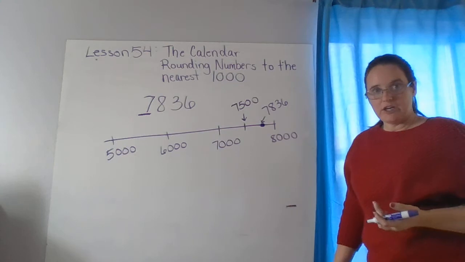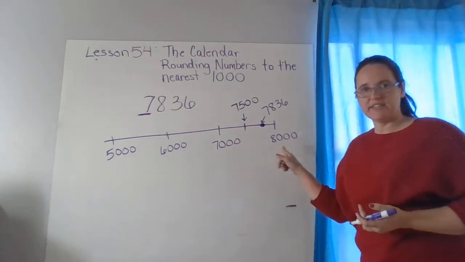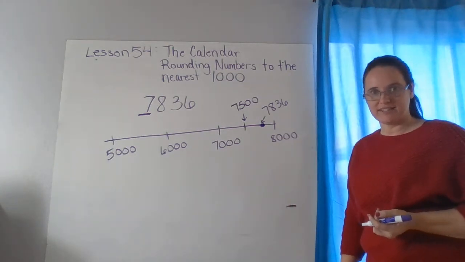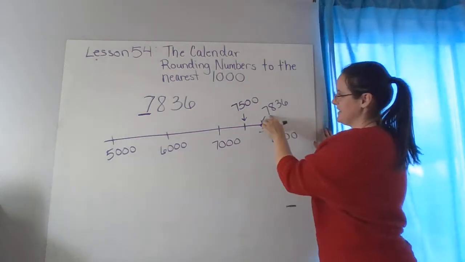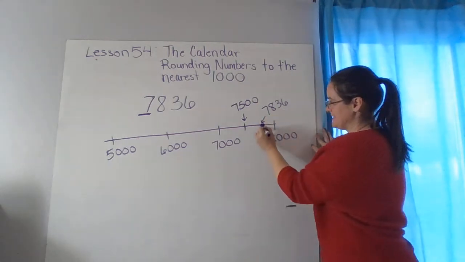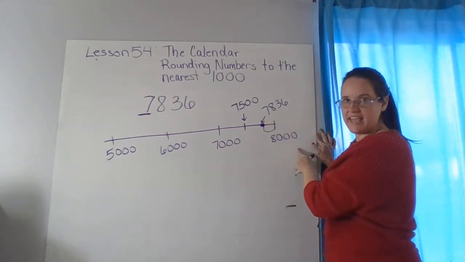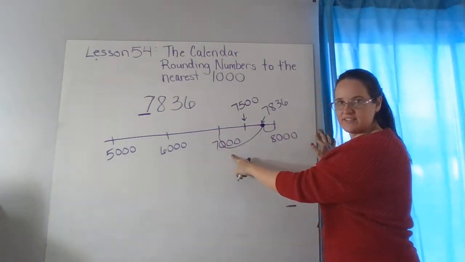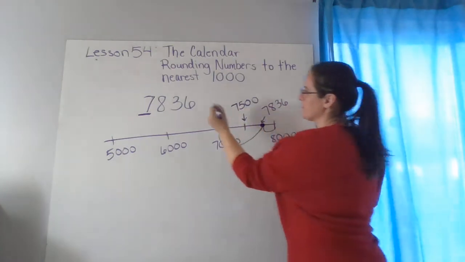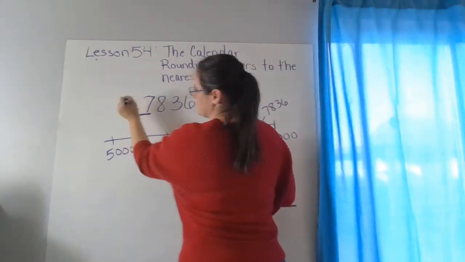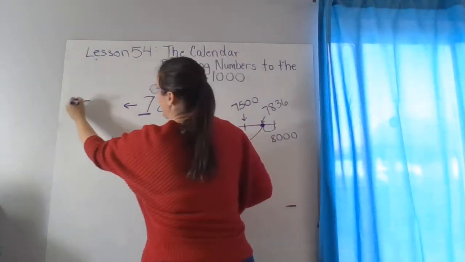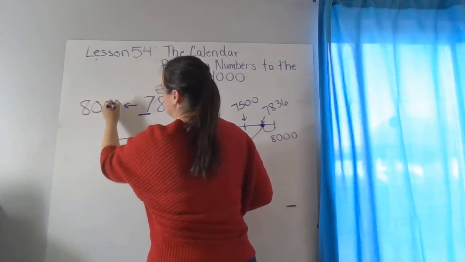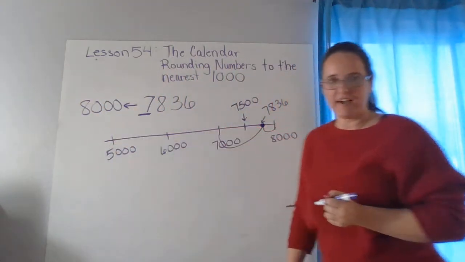So then we want to look, which round number is it closest to? 7,836 is much closer to 8,000 than it is to 7,000 over here. So we would round, I'll go this direction because I'm running out of space. We would round to 8,000.